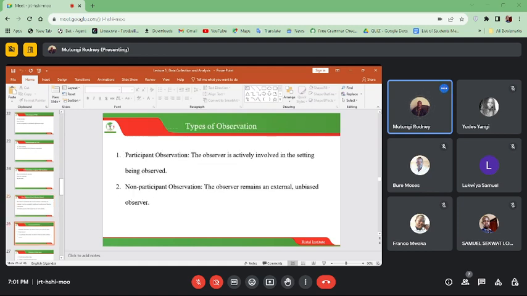Okay. So the types of observation: you can either be part of the setting where the observation is taking place. So if I wanted to observe how this weighing of people is taking place, I can go there myself and they weigh me, okay?